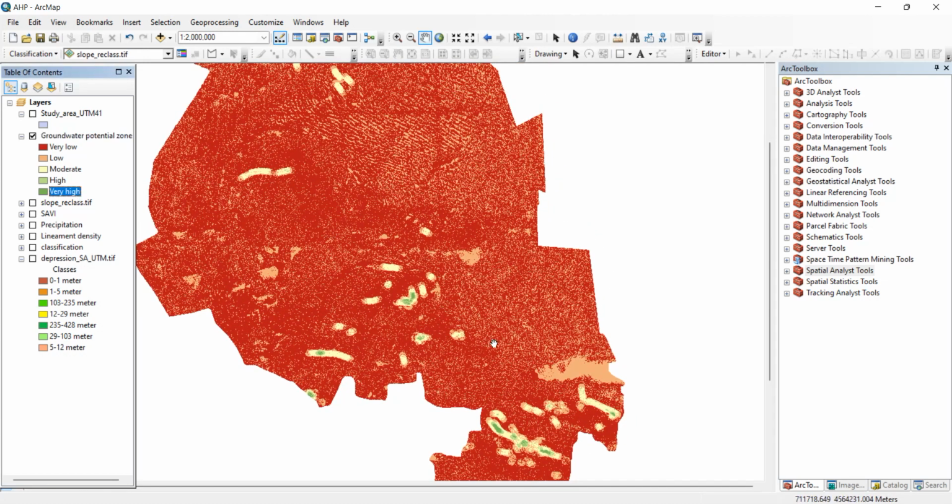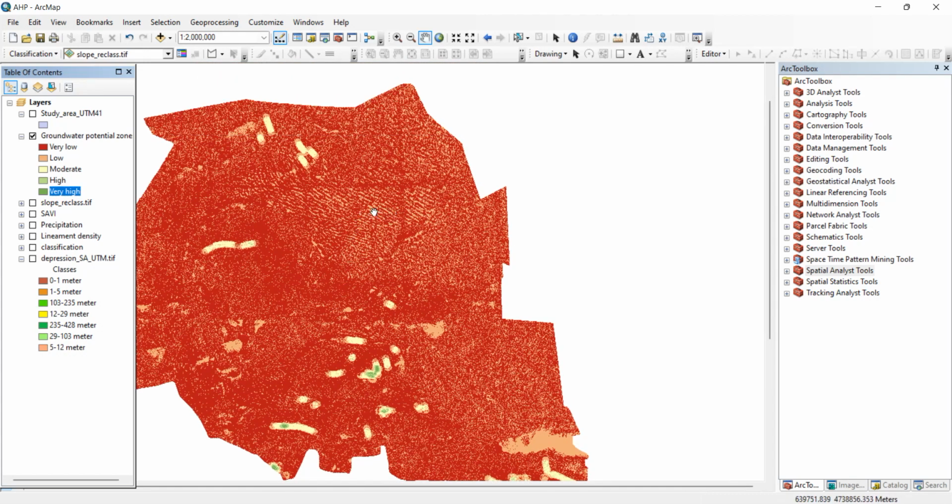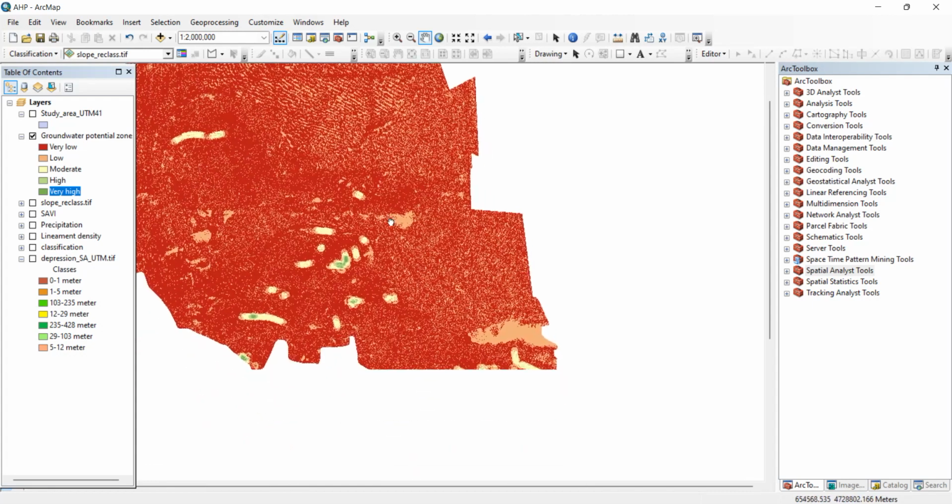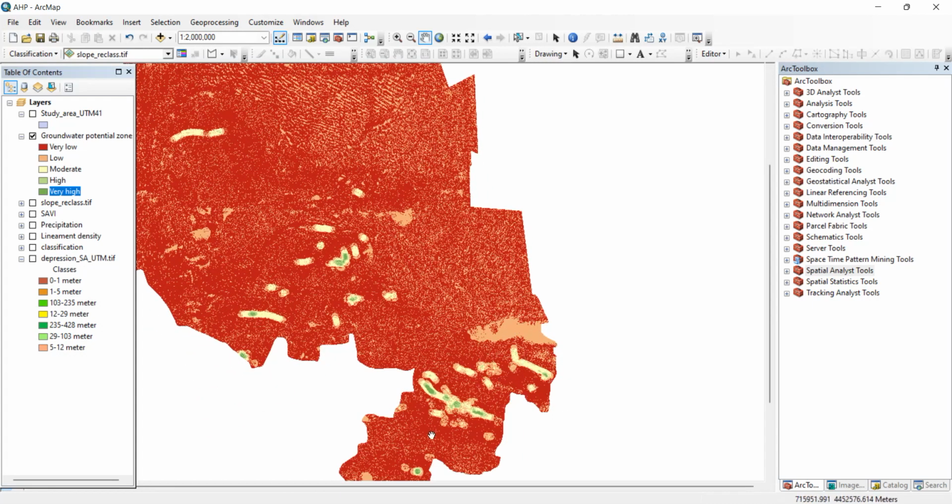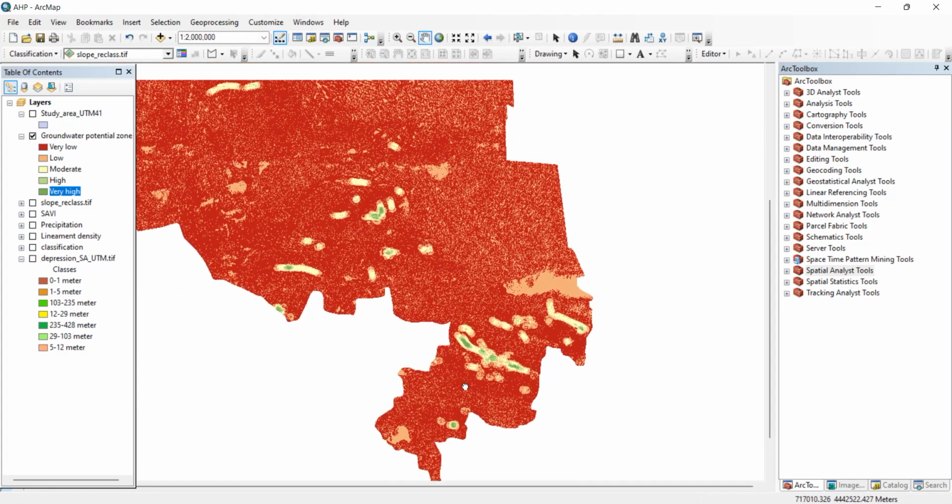But it's clear that alignments have high probability of groundwater, but we are also interested in other areas. For instance, these areas also have moderate probability. See that these areas, as well as these areas, also have moderate or above moderate probability.